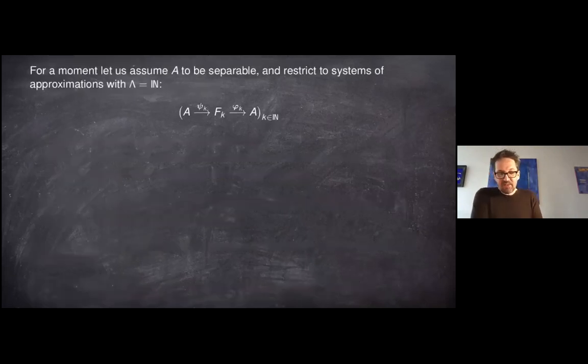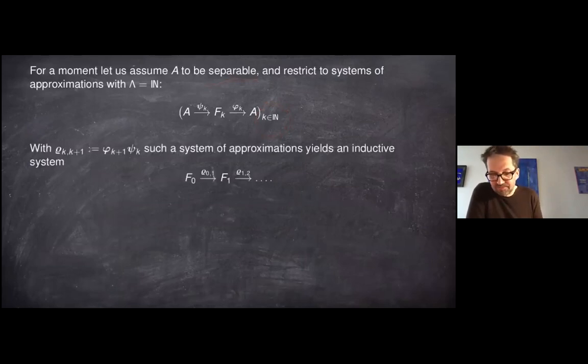Okay, let's for the moment assume A to be separable, and in that case, of course, we can restrict to the case where the index sets of our approximating nets are just natural numbers. And then now I want to do the following. I want to think of this.